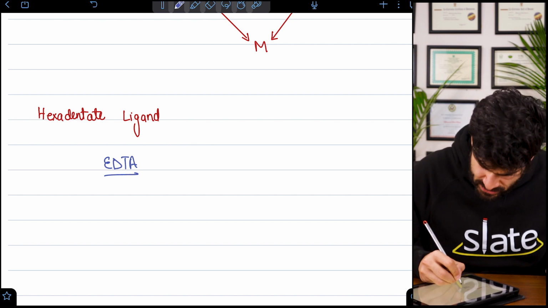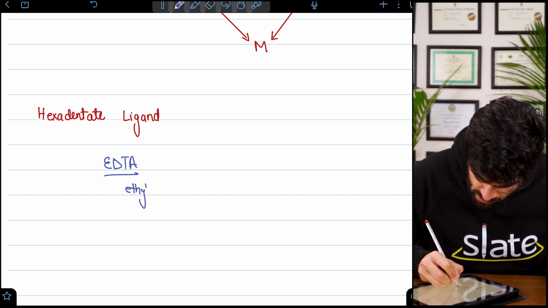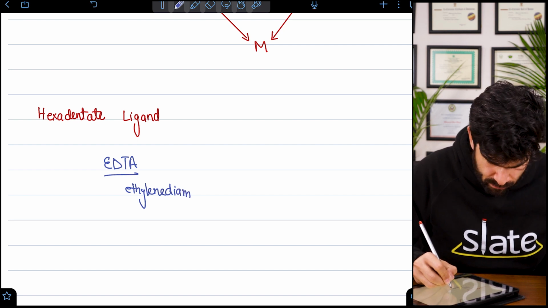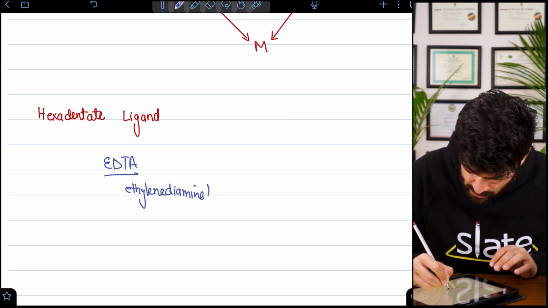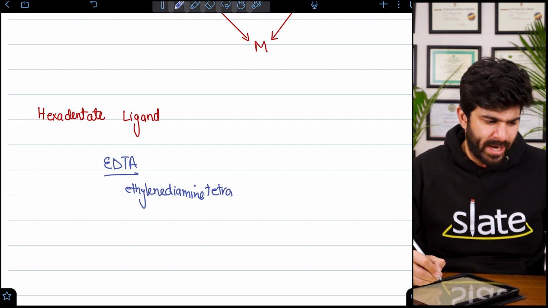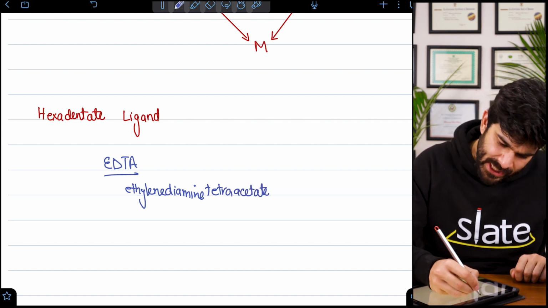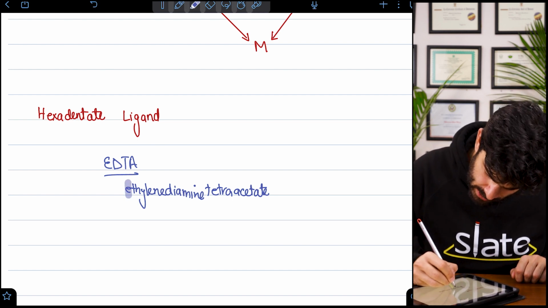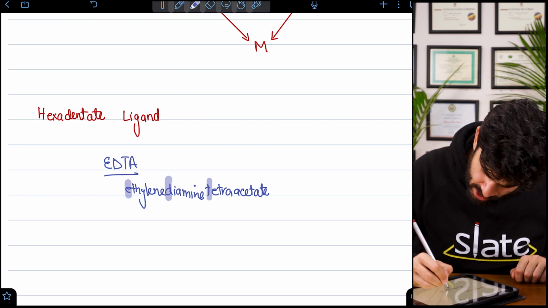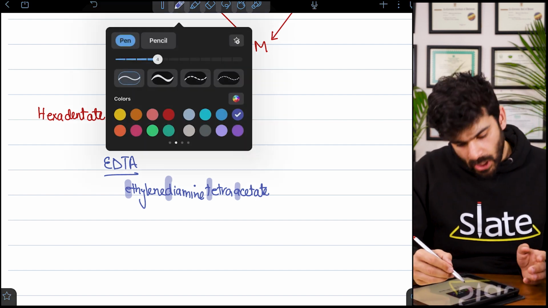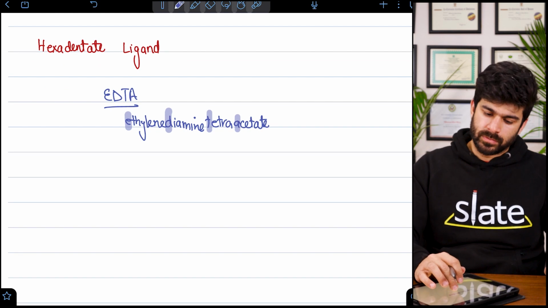EDTA is ethylenediaminetetraacetate. Now the structure, unfortunately, you need to know.